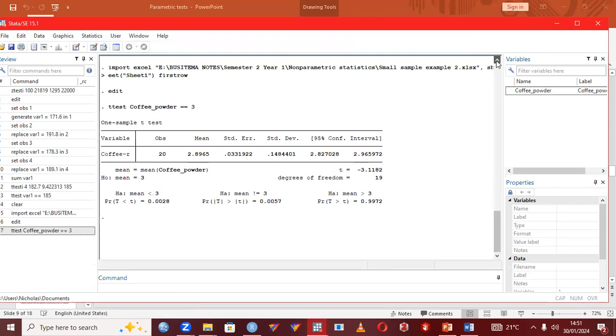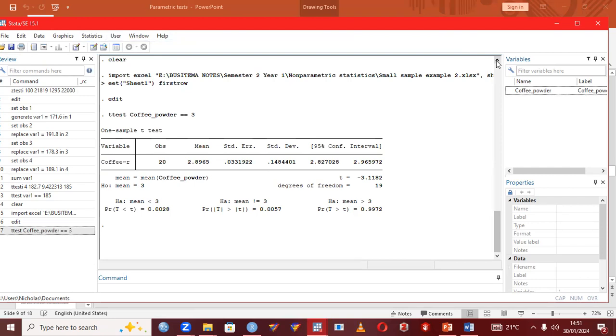Is that okay? So we have a t-test for coffee powder where the hypothesized value is 3. We have 20 observations, and this is their mean here. This is the standard deviation, and then the confidence interval. You have the t computed, which is here. You have the null hypothesis that the mean is equal to 3, and the alternative that the mean is less than 3, with a p-value of 0.028.